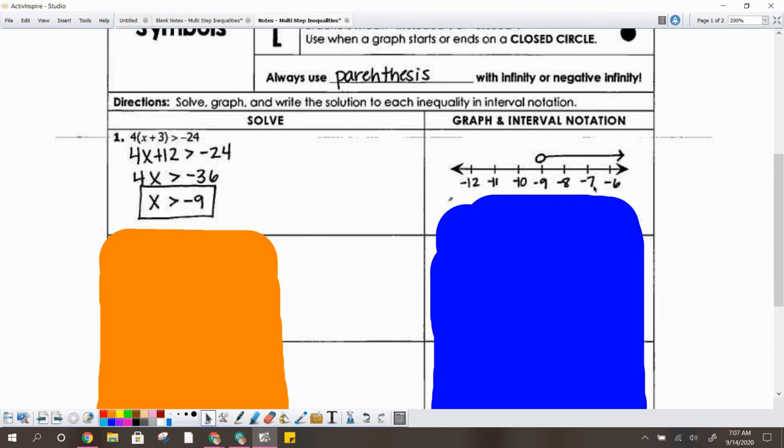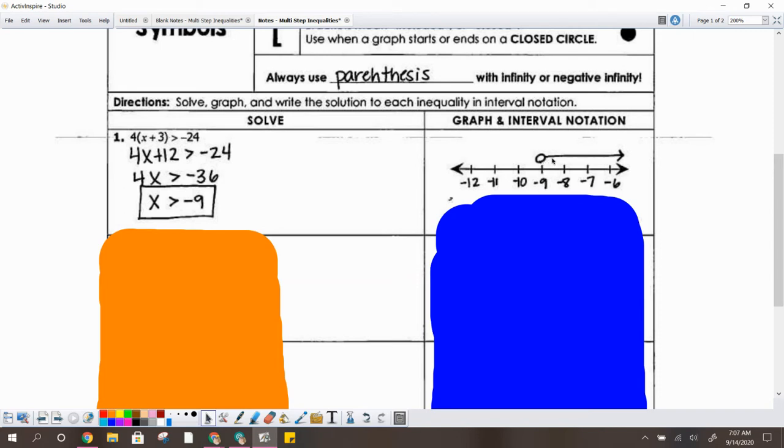All right, so interval notation now. This is the part that's a little weird. Since negative 9 is the smallest part of our graph, that's going to be the first thing in our interval notation. So we start with negative 9 and a parenthesis to show that.